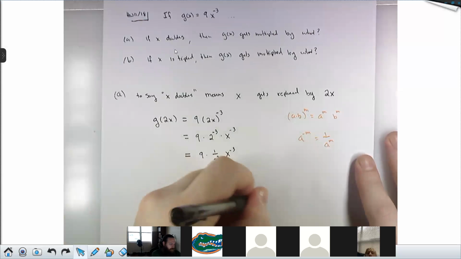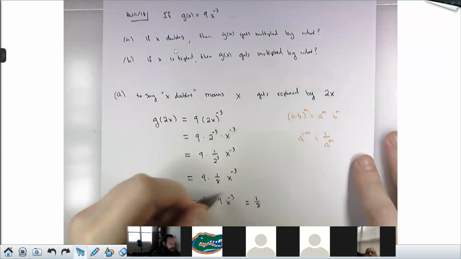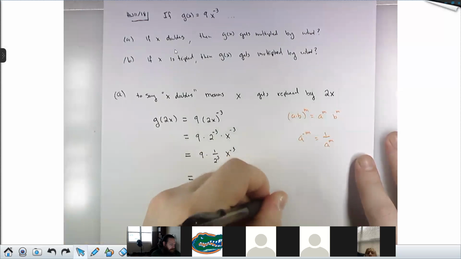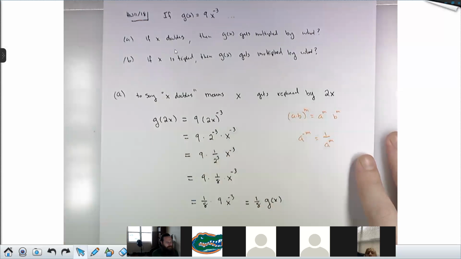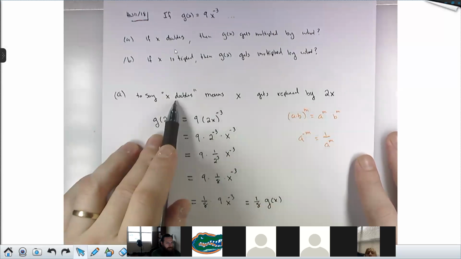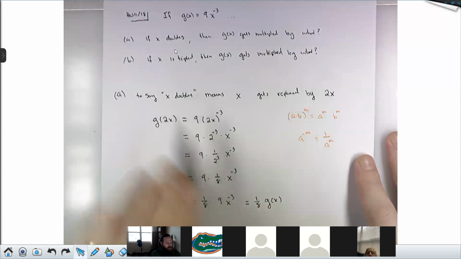This is 1/8. And this piece right here is my original function, g of x. So if x doubles, then g of x gets multiplied by 1/8.